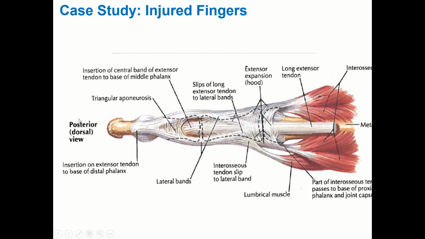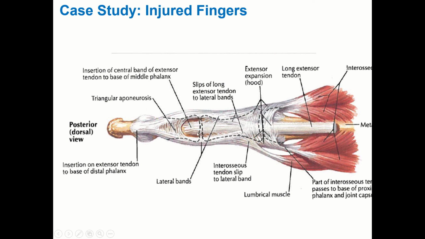So what happened when her finger was axially loaded, so it was loaded along the long axis, is when the ball hit her this way, it hyperextended the DIP joint, but it forcibly flexed the PIP joint.